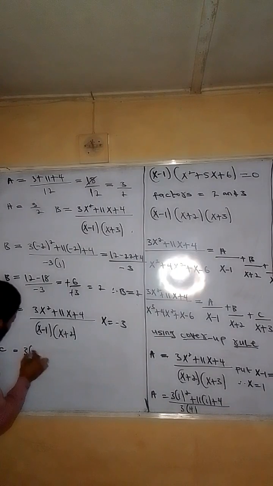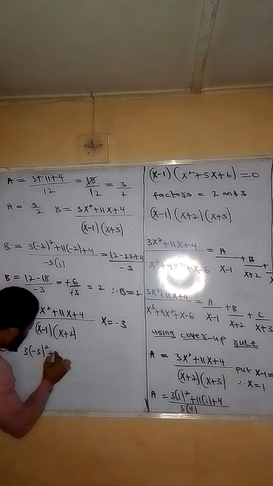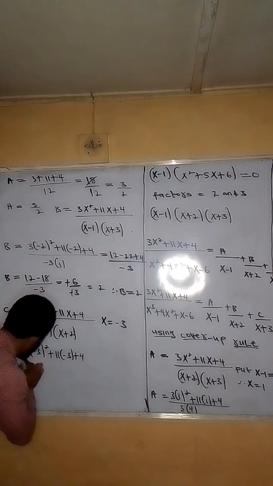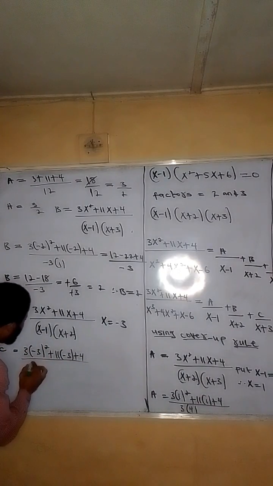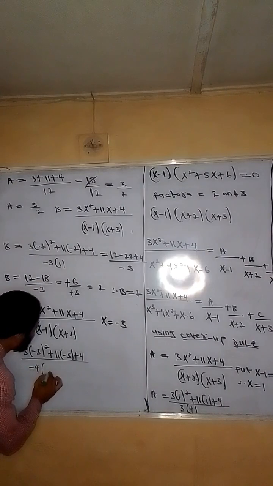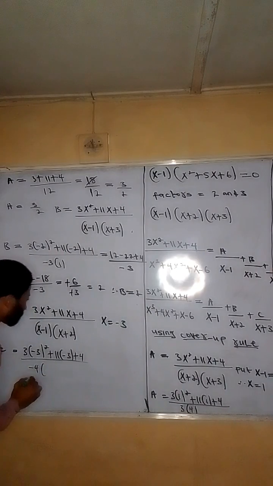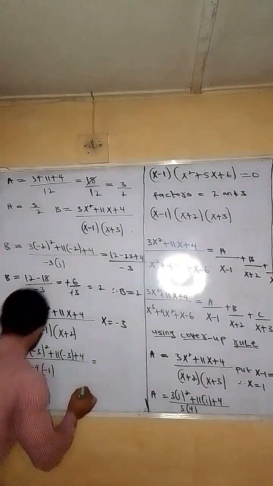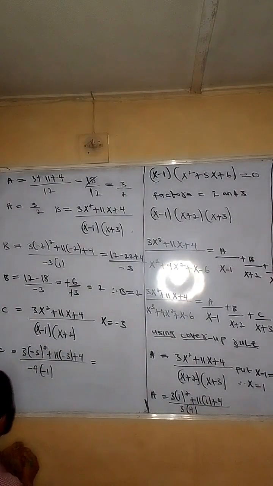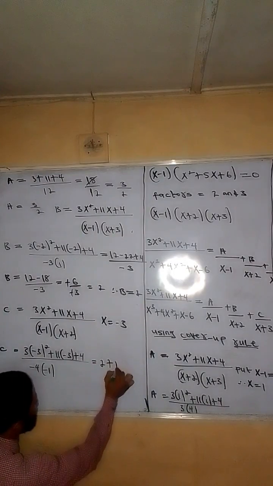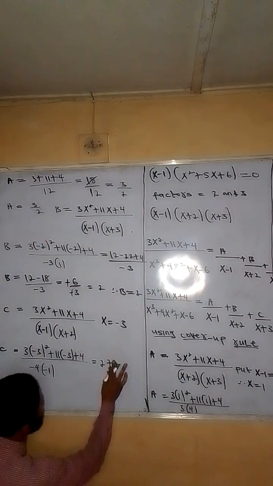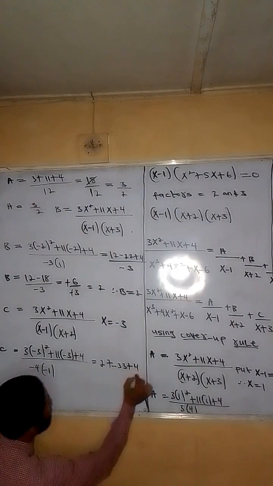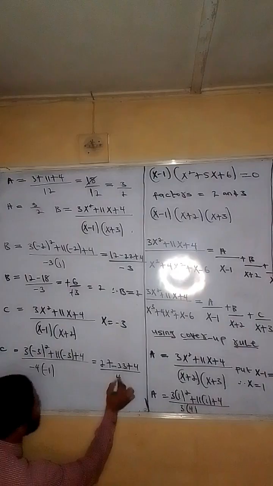So C will be 3 bracket minus 3 squared plus 11 bracket minus 3 plus 4, over minus 3 minus 1 is minus 4, into minus 3 plus 2, and minus 3 plus 2 is minus 1. So minus 3 squared is 9. 3 times 9 is 27, plus times minus is minus 11 times 3 is 33, plus 4 all over minus, this is going to give us positive.